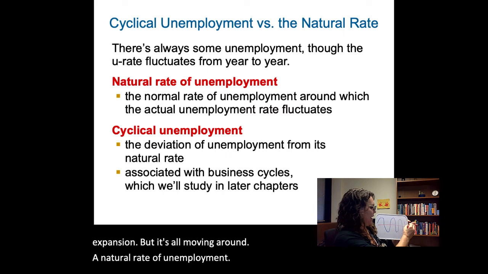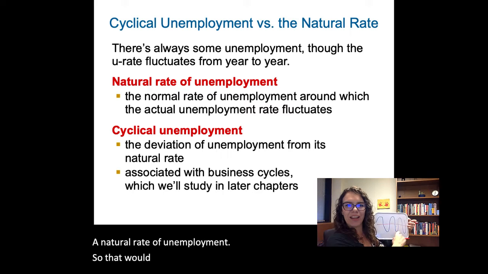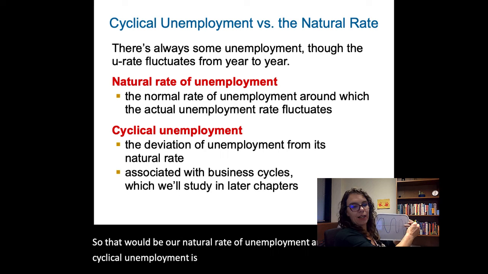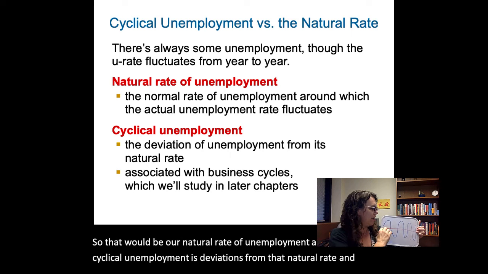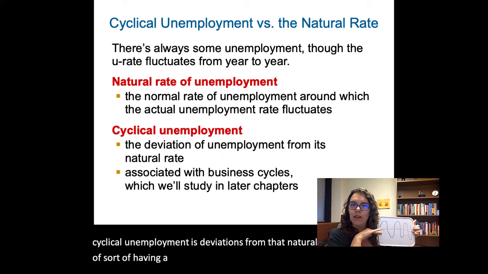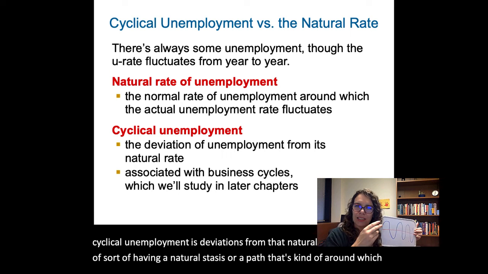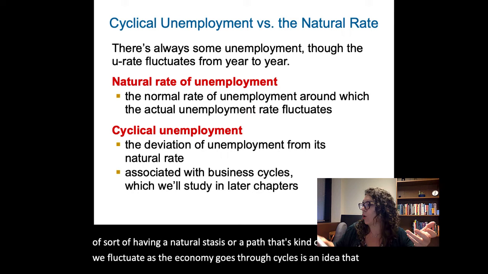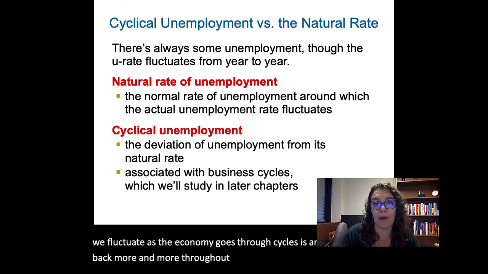Like that. So that would be our natural rate of unemployment, and then the cyclical unemployment is deviations from that natural rate. And this idea of having a natural stasis or a path around which we fluctuate as the economy goes through cycles is an idea that comes back more and more throughout the semester, and we'll talk about it more.